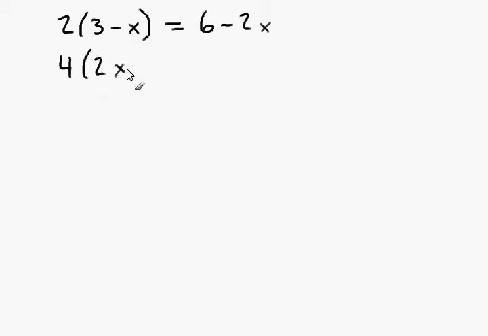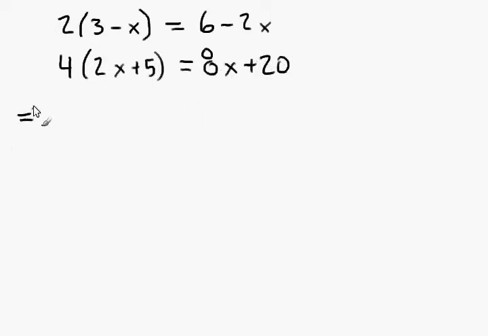If I have the quantity 2 times 3 minus x, I can use the distributive property and write this as 6 minus 2x. Likewise, if I have 4 times the quantity 2x plus 5, I can write that as 8x plus 20.